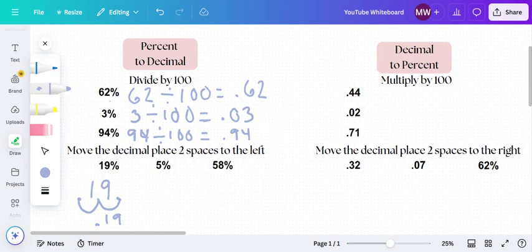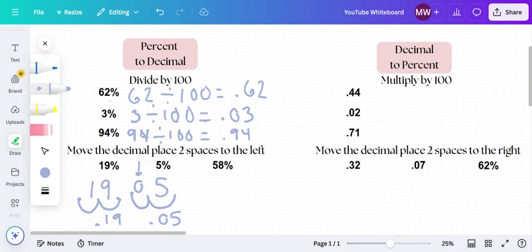Let's try that with 5%. So I'll write 5. My decimal place would be here. I'm going to move it over 2 spaces and put my new decimal point. Now, notice here there's an empty space. If I have an empty space, I can fill it in with a 0. So 5% written as a decimal would be 0.05 or 5 hundredths.